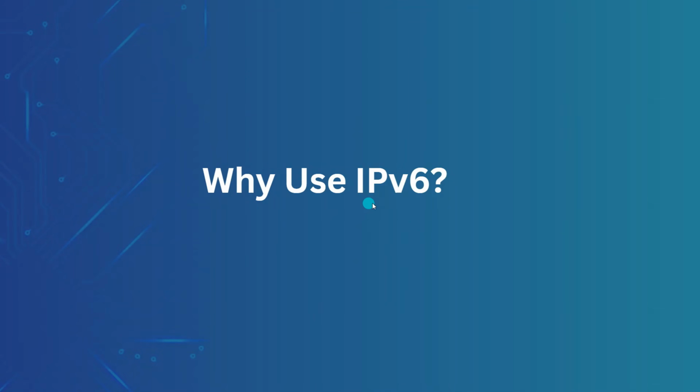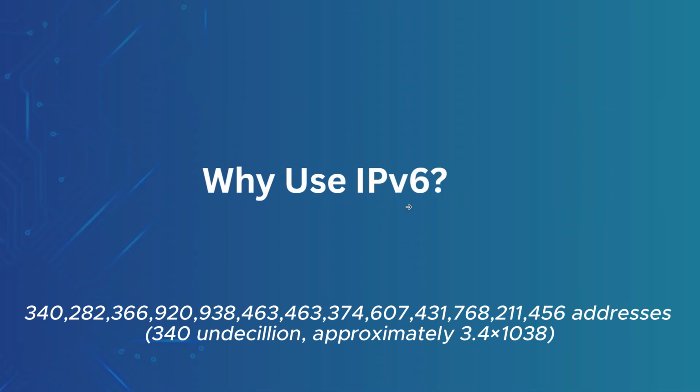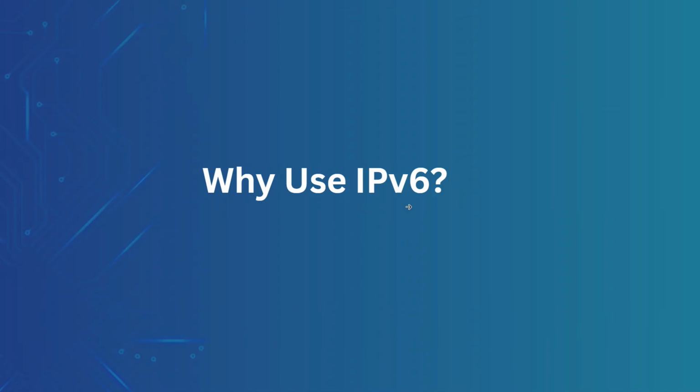Obviously, the reason for IPv6 over IPv4 is the size. There are thousands upon millions of available IP addresses with v6, whereas with v4, when it was first brought to the world, the use case for the internet was very small, so we didn't need as many as we thought we were going to need.